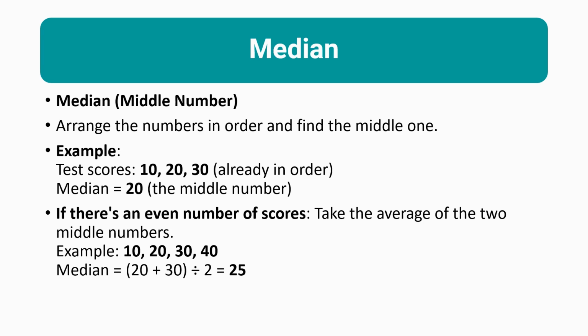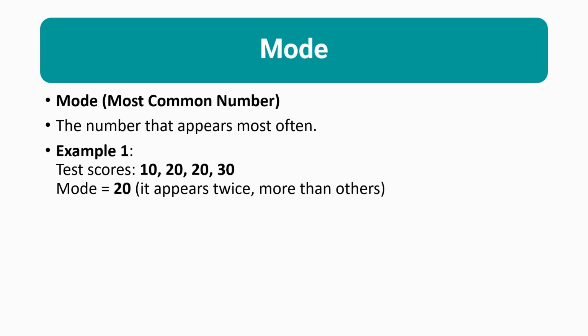Now coming to the mode. Mode is the most common value that appears in the data. For example, let us consider a store. In that store, if you would like to know the most ordered size of a shirt, in that scenario we will use mode.